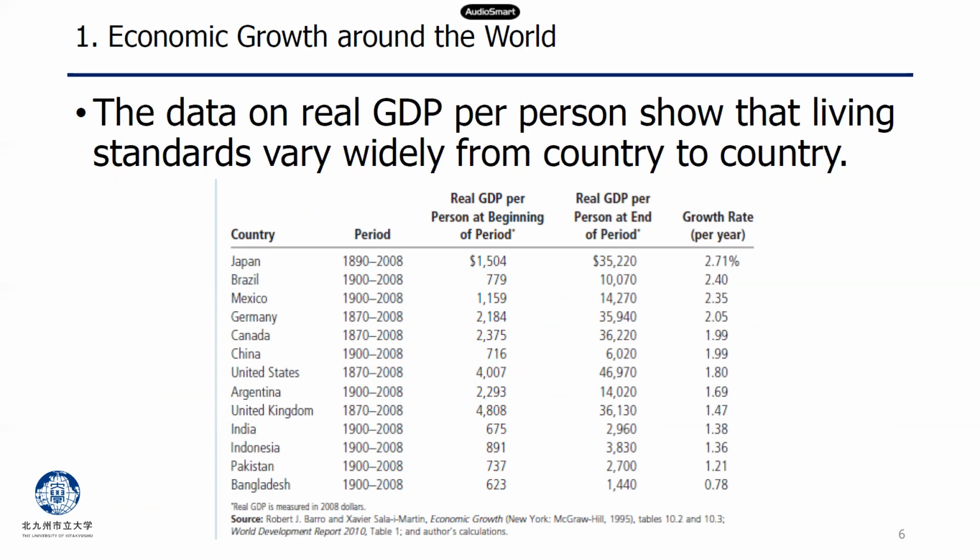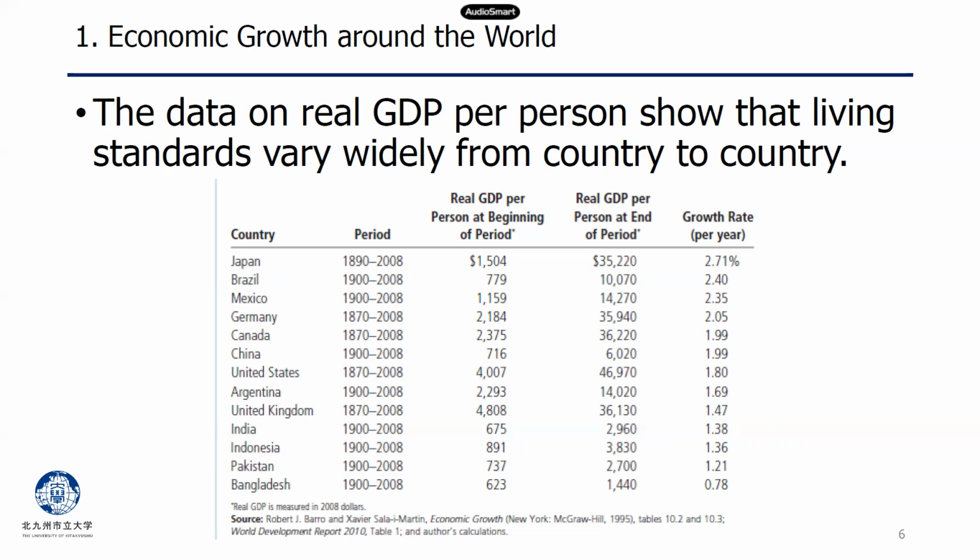As we saw in the video, we saw lots of different countries with different GDP per capita. Here, we have some example countries over 100 years. And you can see Japan is at the top, and of course, other countries following. This is the order of the countries with growth rate per year.